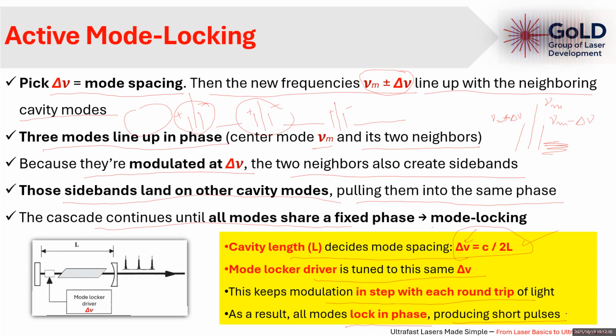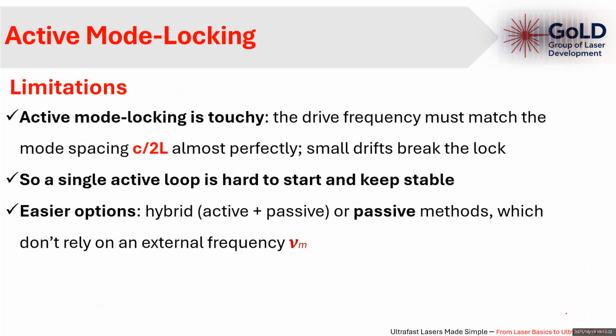Okay, so there are some limitations of active mode locking. Okay, active mode locking has some limitations. What are the limitations? Here it's mentioned. Touchy. The driver frequency must match the mode spacing.